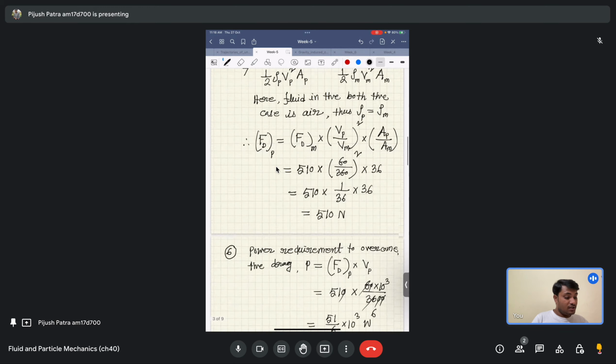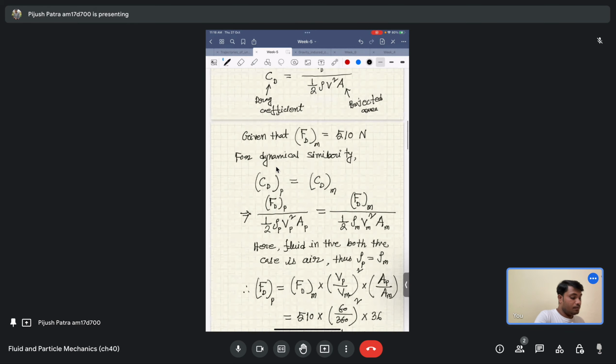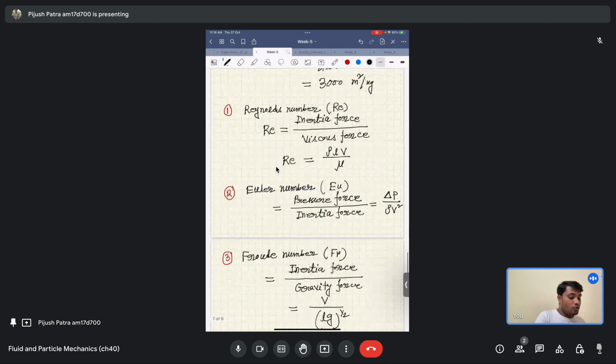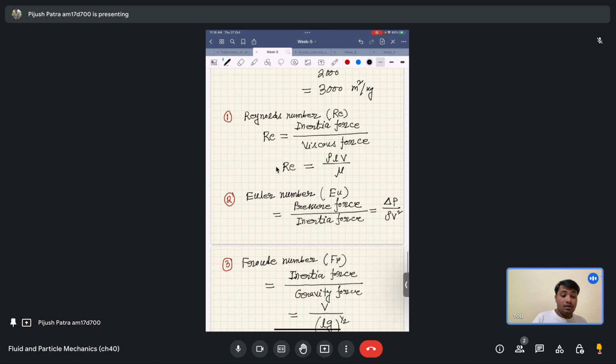There might be problems where you need to equate the Euler number, where both the pressure forces and the inertia forces are important.